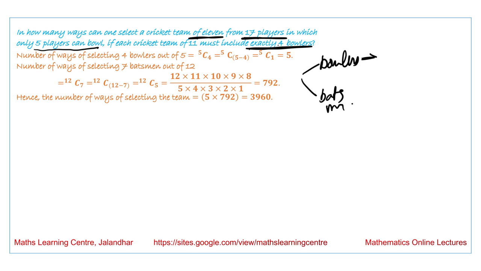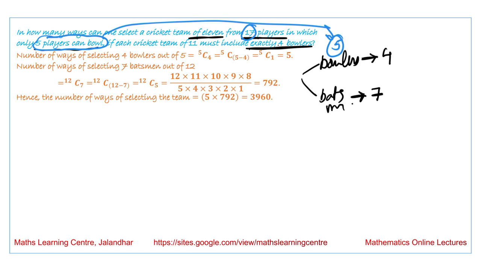The number of bowlers we require is exactly 4. So the number of batsmen should be 7. The total number of players who can bowl is 5, and the remaining players, there are 12 remaining players.